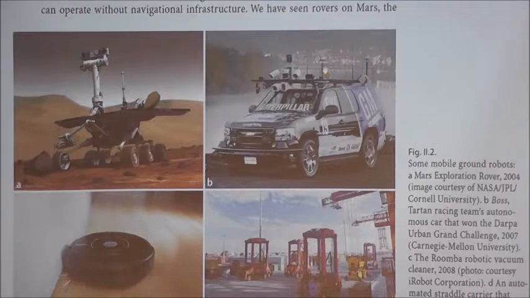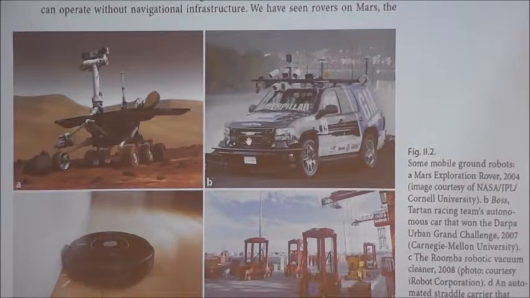This so-called mobile robot, which is like a sort of RV, a recreational vehicle, is actually a Chevrolet, as you can see here. This is a car that won after the second or third try of what's called the DARPA challenge.